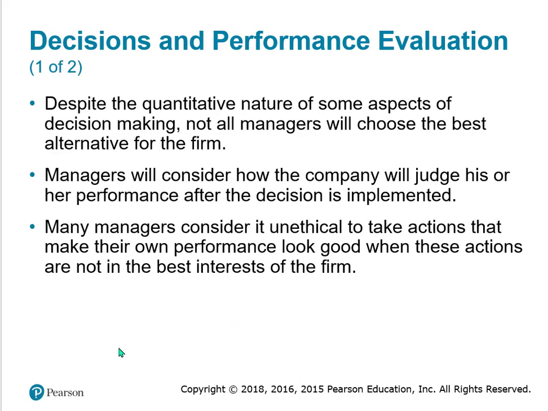So despite the quantitative nature of some aspects of decision making, not all managers will choose the best alternative for the firm. They're going to consider how the company will judge their performance after the decision is implemented. And many managers consider it unethical to take actions to make their own performance look good when these actions are not in the best interest of the firm.